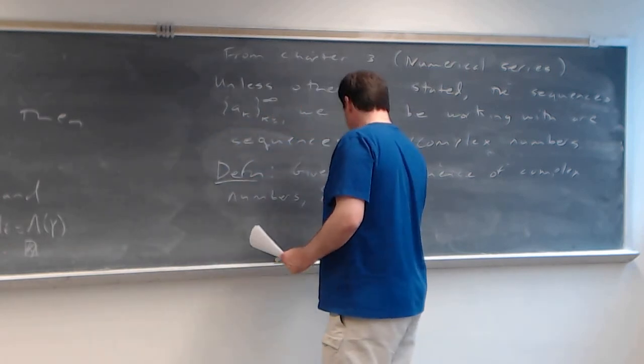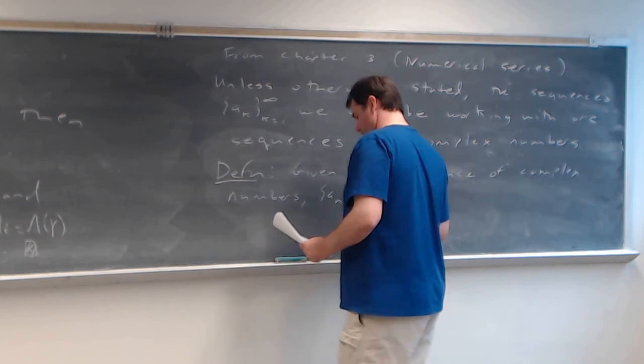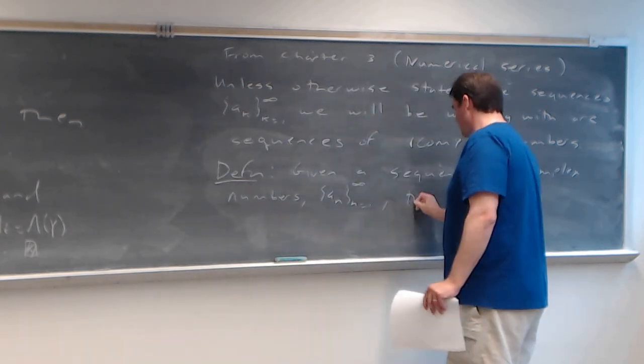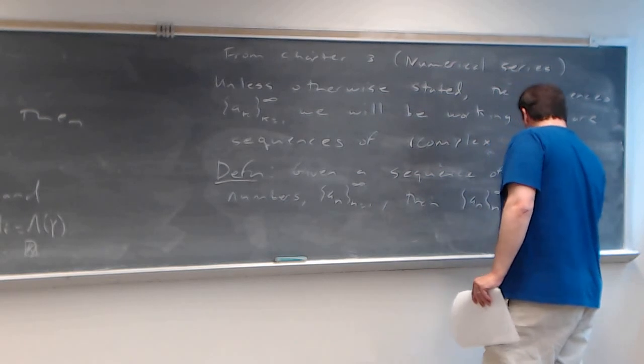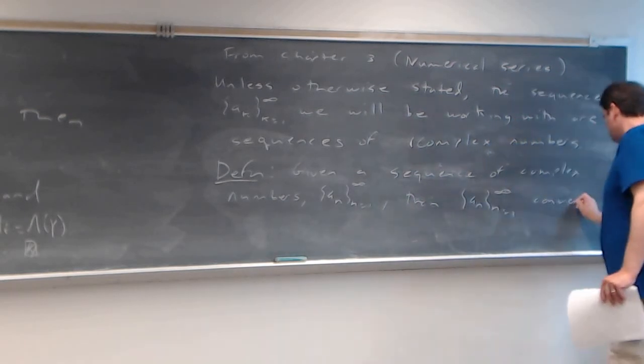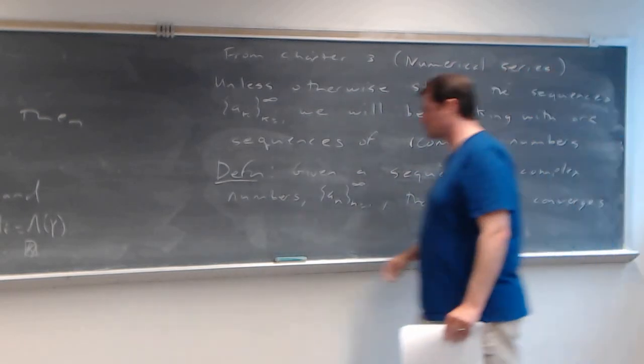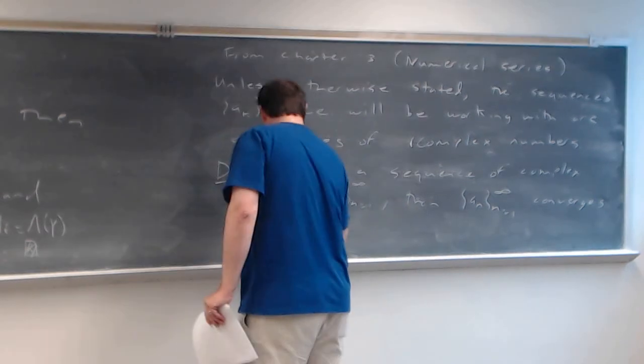a sub n running from 1 to infinity, then a sub n converges to a complex number.